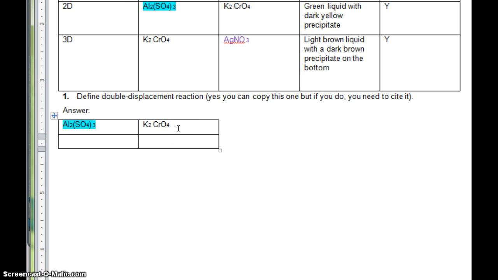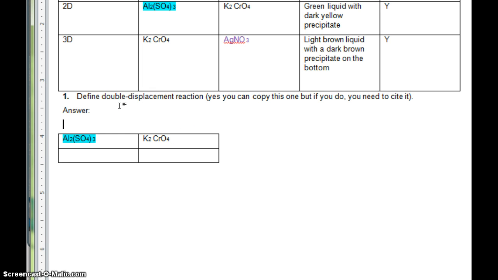We created something new. And the reason that that happened is because they did what? Did they trade partners or did they stay the same? Well, we had a chemical reaction, so they changed partners. So we started out with them being the two separate aqueous ionic compounds, or in other words, the ionic compounds which have a metal and a nonmetal or a polyatomic ion, and they were dissolved in water.